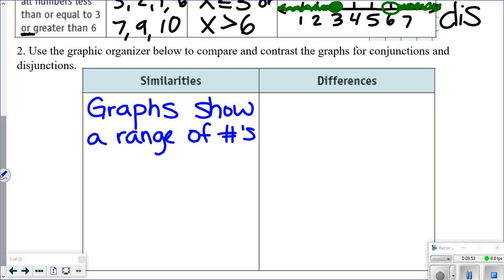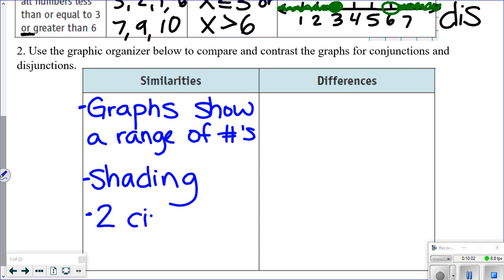They both have shading. Good. They both have 2 circles or 2 points.